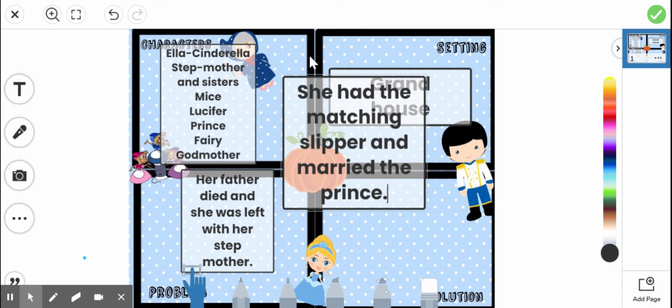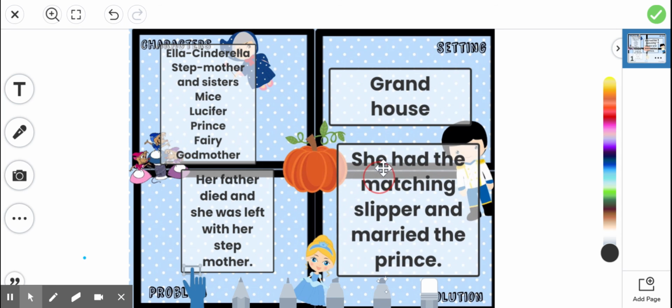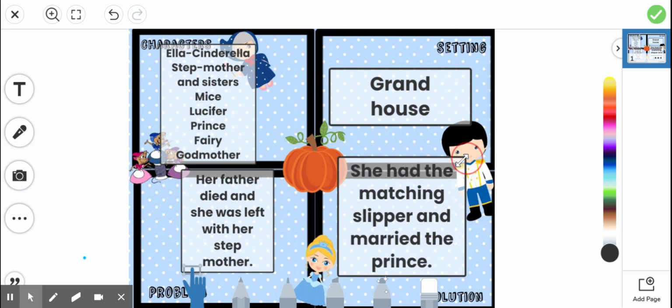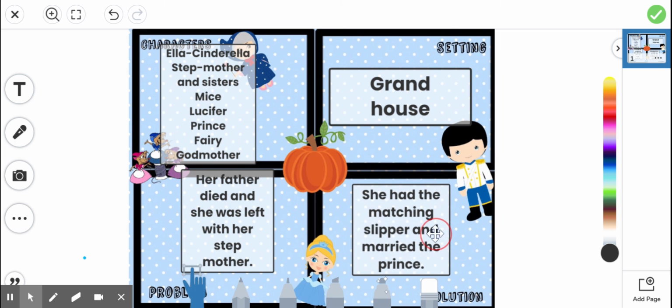So the slipper that the Duke had actually broke, but then she pulled out that matching slipper. And then her problem was that she was being mistreated by her stepmother. And now she's going to move somewhere else where she is treated the right way.